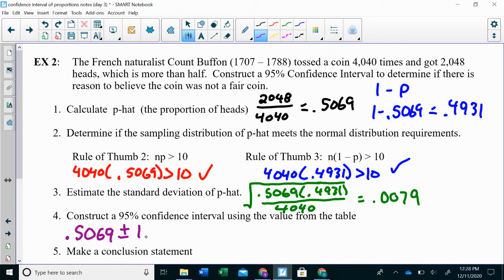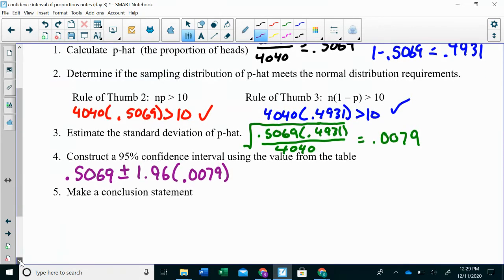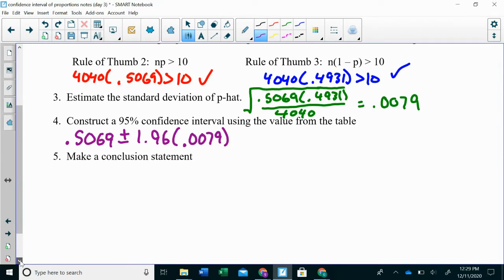So plus or minus 1.96 times this standard deviation that came from that square root work. So if I carefully do that arithmetic, what I'm creating is an interval. I'm creating a lower limit and I'm creating an upper limit.